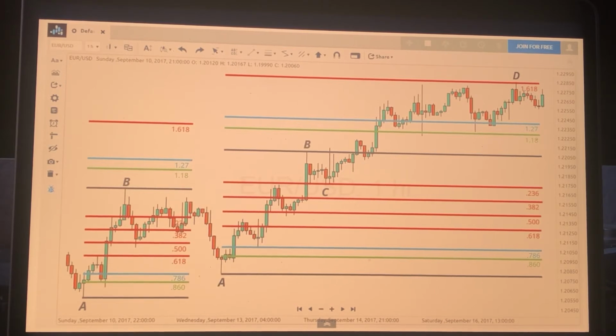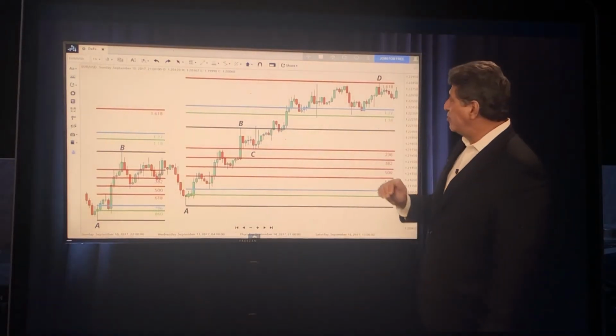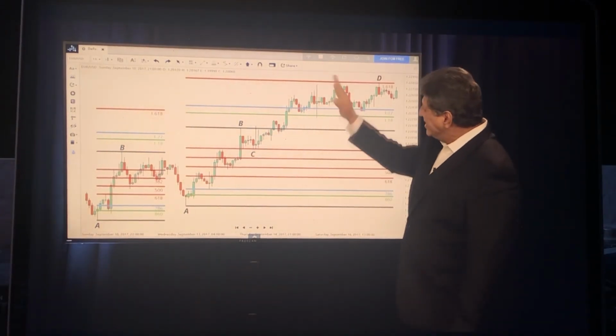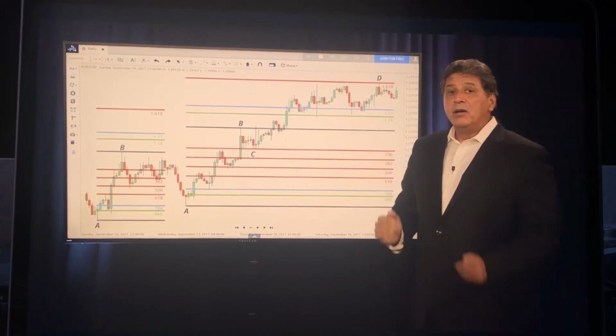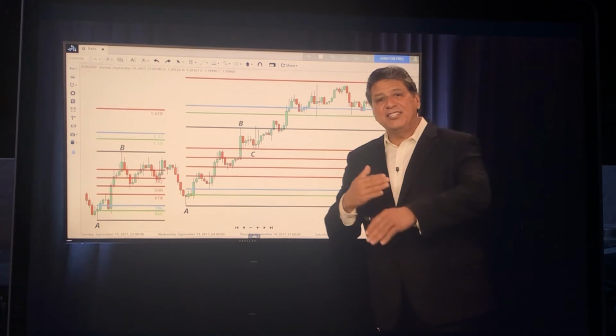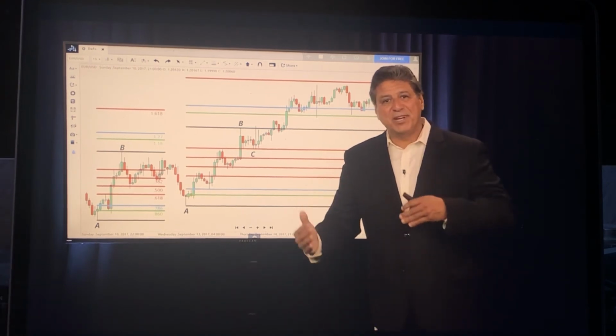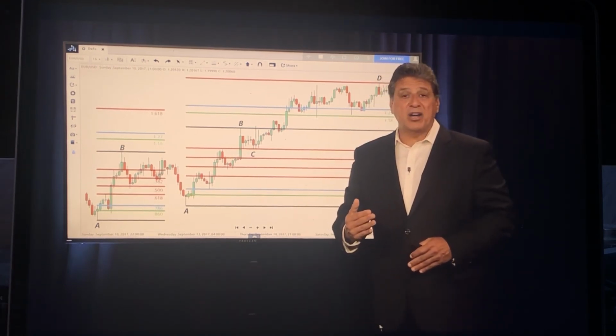The D has to be hit. You need to understand that. And yes, we talked about the 5% rule, but if this market misses the D and starts to go sideways, it's probably going to jump up, hit that D, because nature needs to take its course in the Fibonacci sequence. That's how this market works.